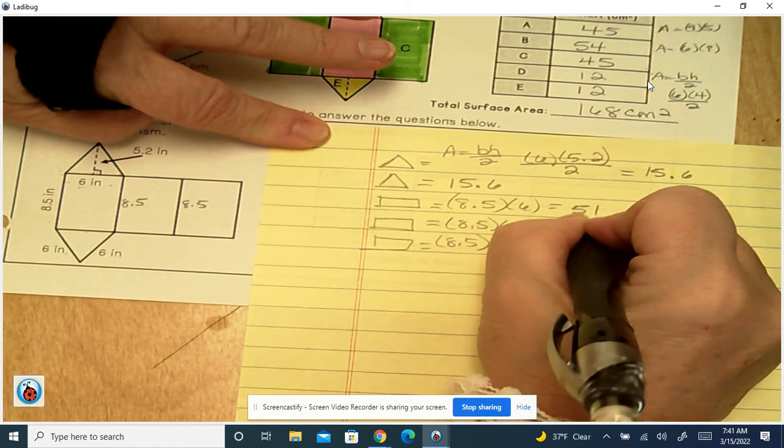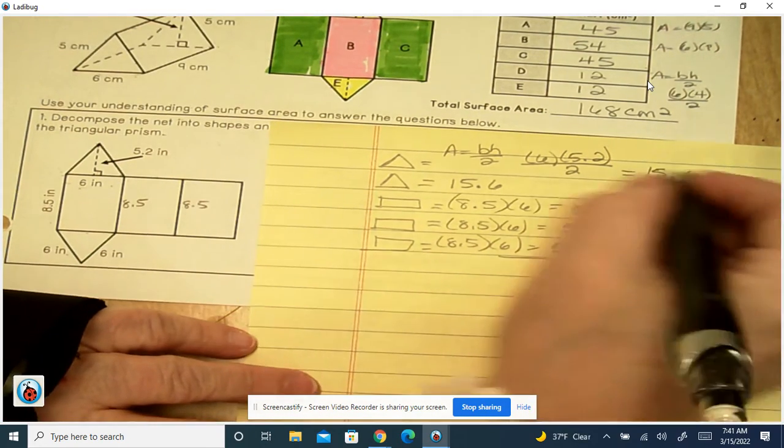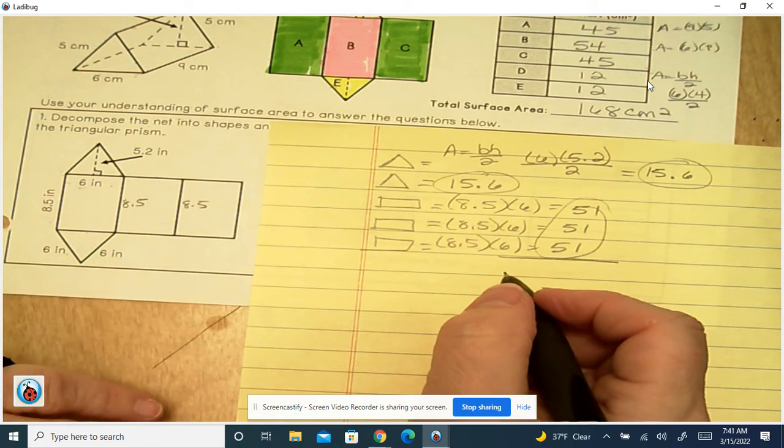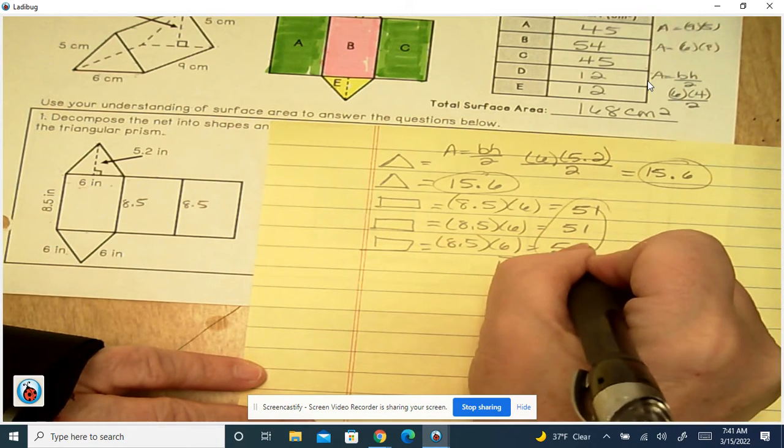And that gives us 51 for each rectangle, because they're the same here. And then when we add all of this up, we add this, this, and these three up, we get 184 inches squared.